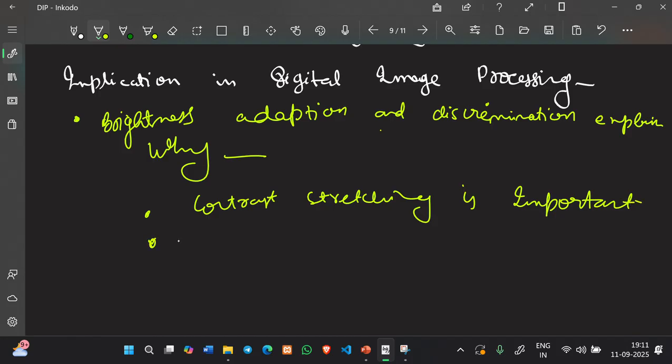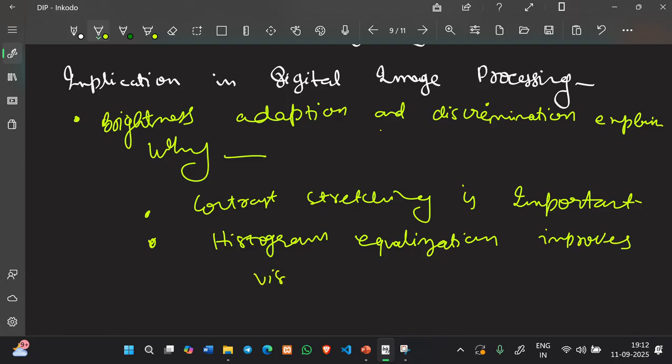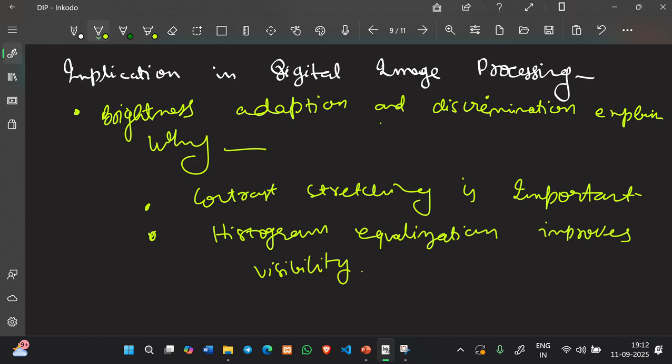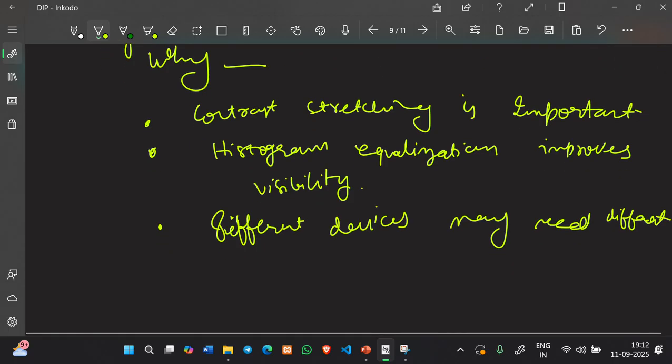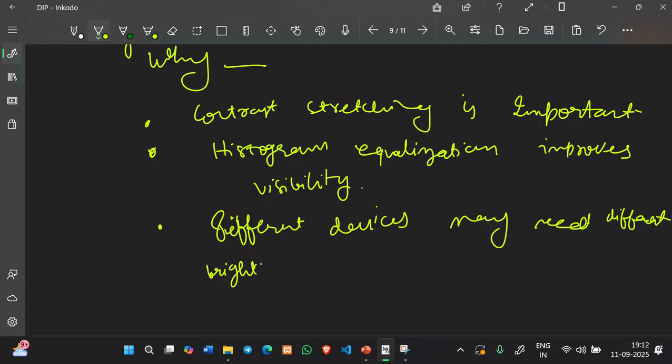The second thing is that histogram equalization improves visibility, and different devices may need different brightness settings.